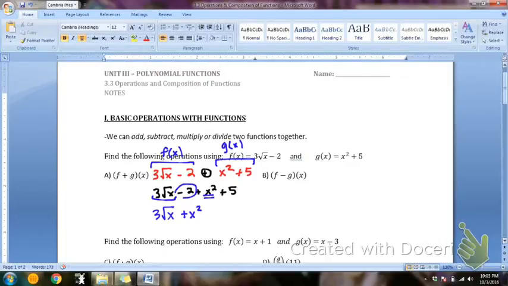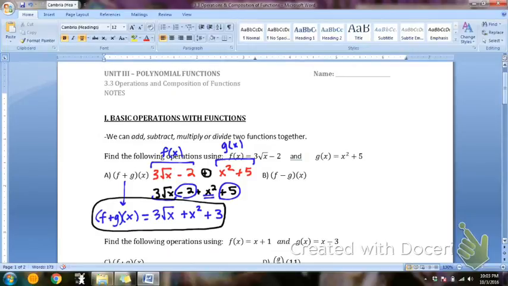I can combine this negative 2 with the 5 to make a positive 3. And because I'm done simplifying the problem, I'm going to put the label on the front, which was just f plus g of x. That's how we would say that, f plus g of x. And this would be my final answer. All I had to do was combine my like terms.